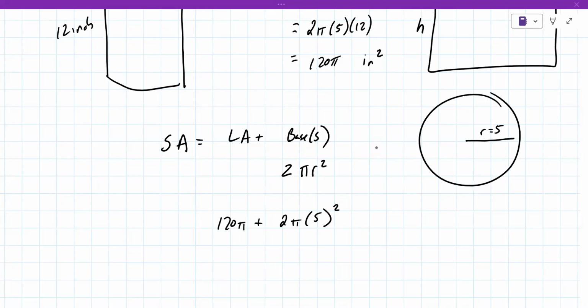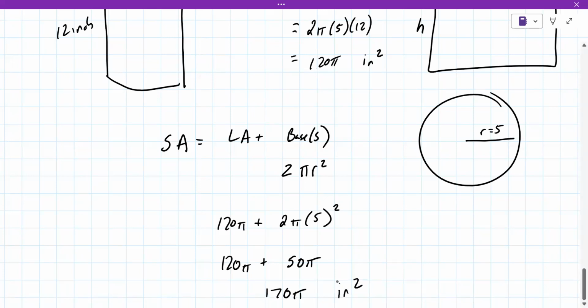So that's 120 pi plus 50 pi. I did 5 times 2, then squared it. Use your calculator to just do the calculations. You might as well use the technology if it's available. So that gives me 120 plus 50 is 170 pi inches squared.